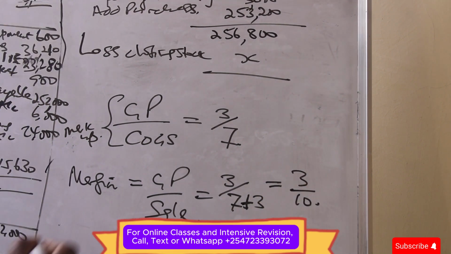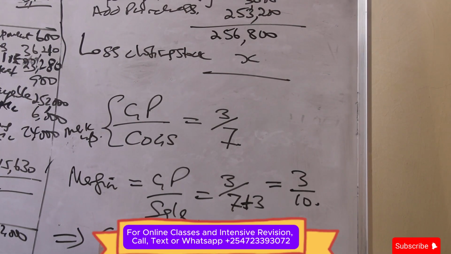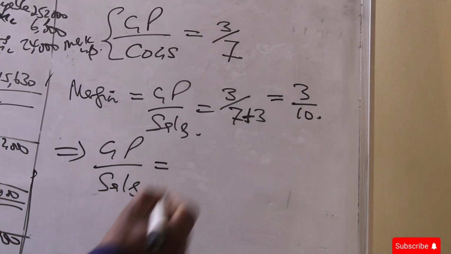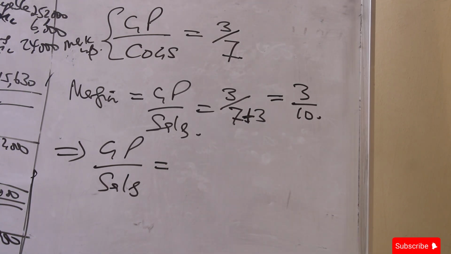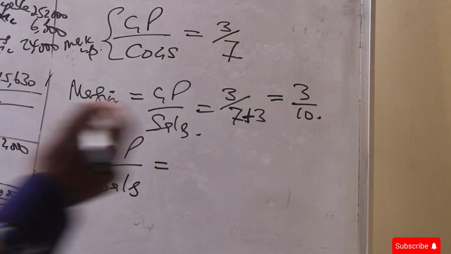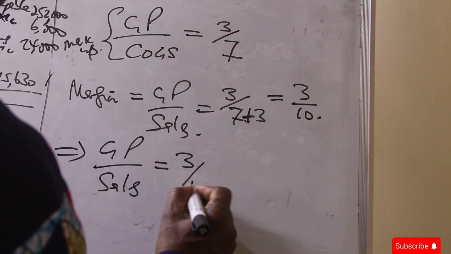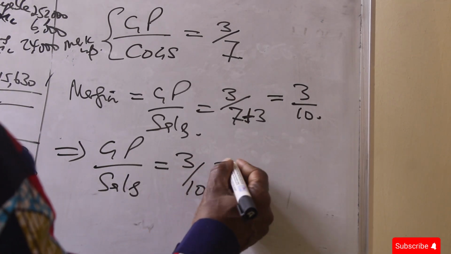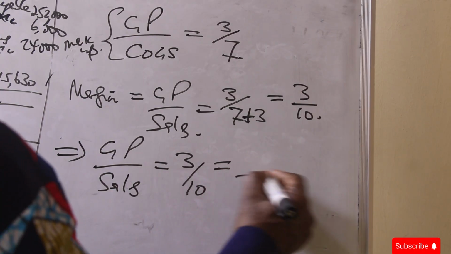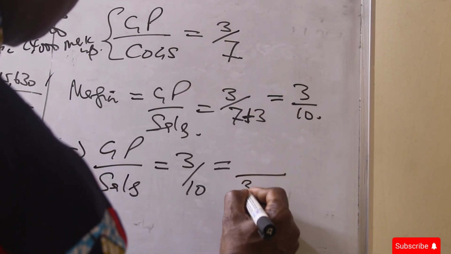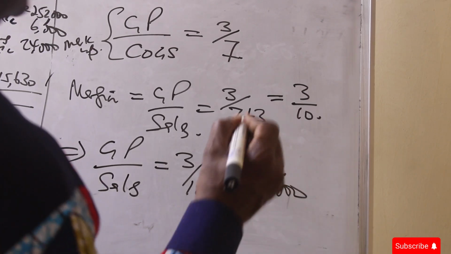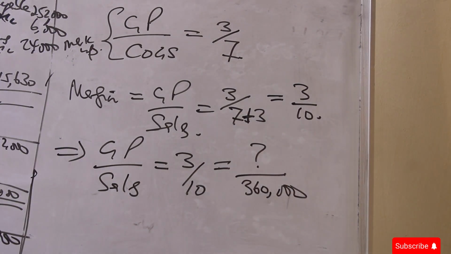3 out of 10. It therefore means gross profit divided by sales is equal to 3 over 10, where sales is 360,000. So we ask ourselves, what is the gross profit?